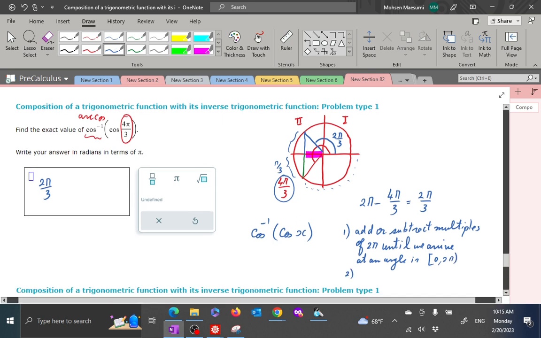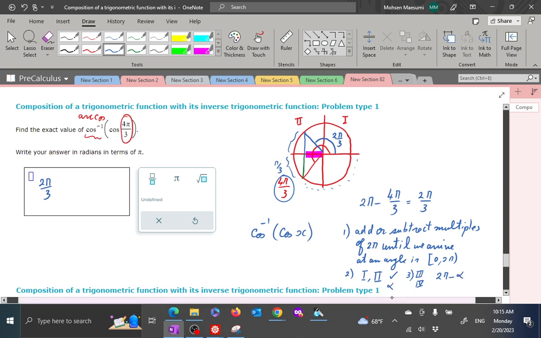Step 2. If you are in quadrant 1 or 2, well, you already have your answer. There's nothing else to do. If you are in quadrant 3 or 4, if you are in either of these two quadrants, your final answer is going to be 2 pi minus the angle that you have.